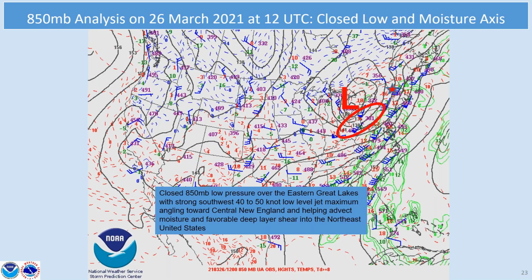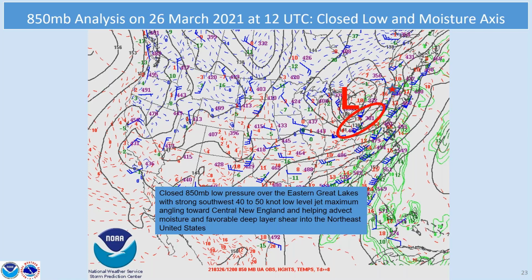At 850 millibars, we had a closed contour center of low pressure over the eastern Great Lakes. Once again, very strong wind fields. You can see by the packing of the height fields across western Pennsylvania into the Ohio Valley region. And as this progressed eastward, this stronger wind max did angle up into central New York and impacted our central and southern Vermont CWA.